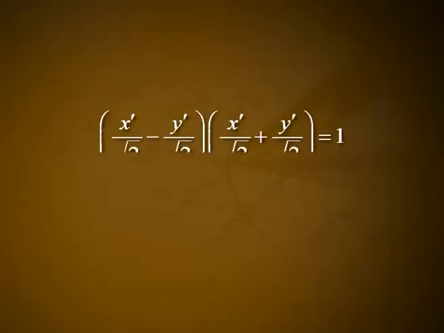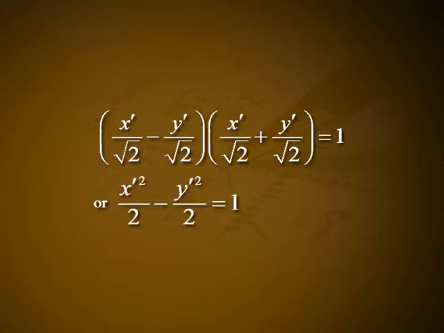Substituting these in the equation xy is equal to 1 yields (x dash by root 2 minus y dash by root 2) into (x dash by root 2 plus y dash by root 2) is equal to 1, or x dash square by 2 minus y dash square by 2 is equal to 1, which is the equation in the x dash y dash coordinate system of an equilateral hyperbola with vertices at root 2, 0 and minus root 2, 0 in that coordinate system.